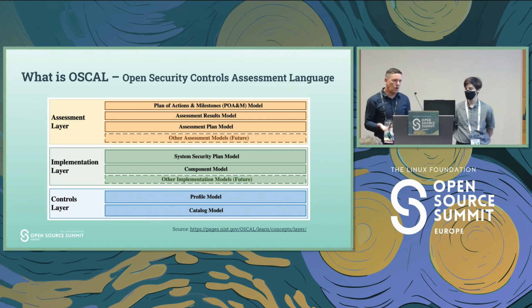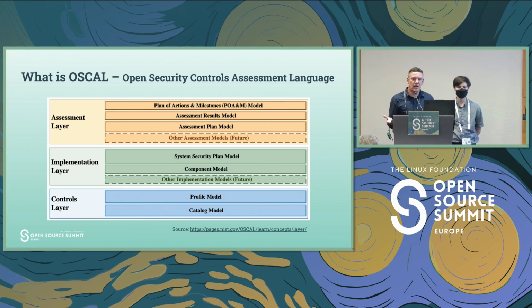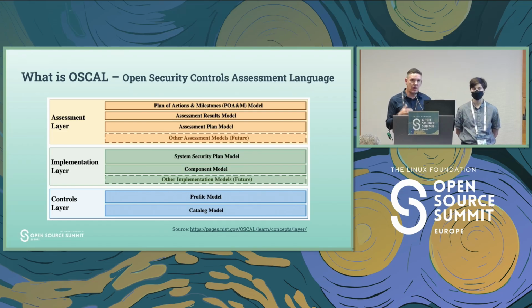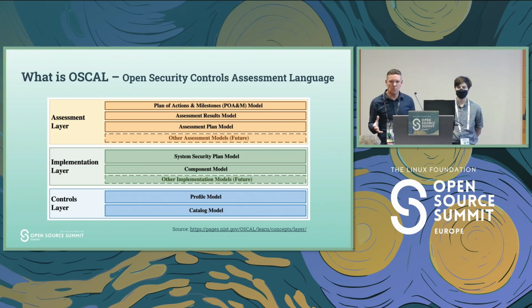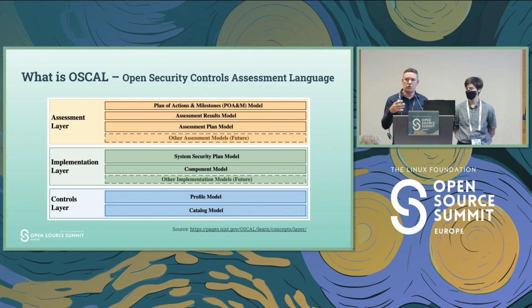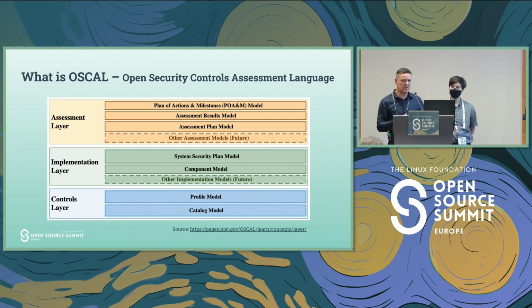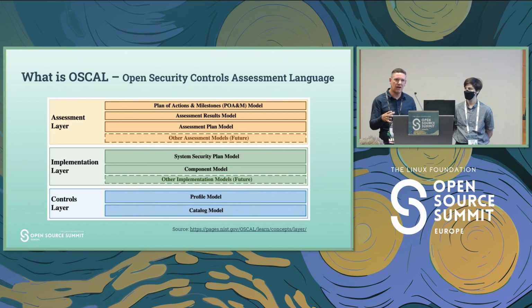So what is OSCAL? OSCAL stands for Open Security Controls Assessment Language, and it's an attempt to modernize all of the frameworks that have existed before for doing compliance work. For anybody that does know anything about compliance, there's a bunch of legacy technologies like SCAP and XCCDF and so on that are all combined together, but they're all very piecemeal and they don't work well together.